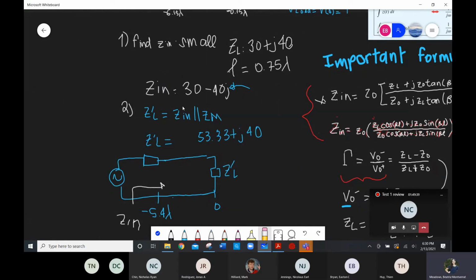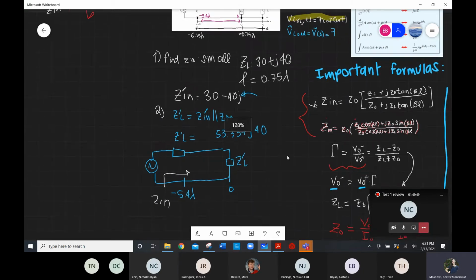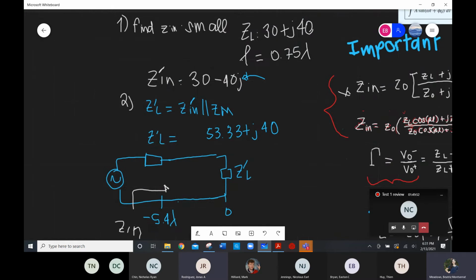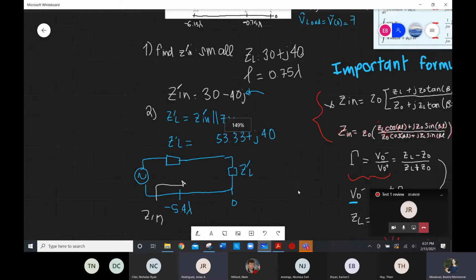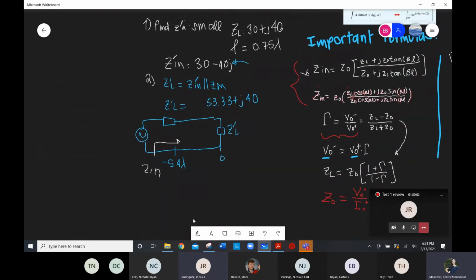Let me put my colors correct. Since your L is not 0.75, your tangent won't be undefined.